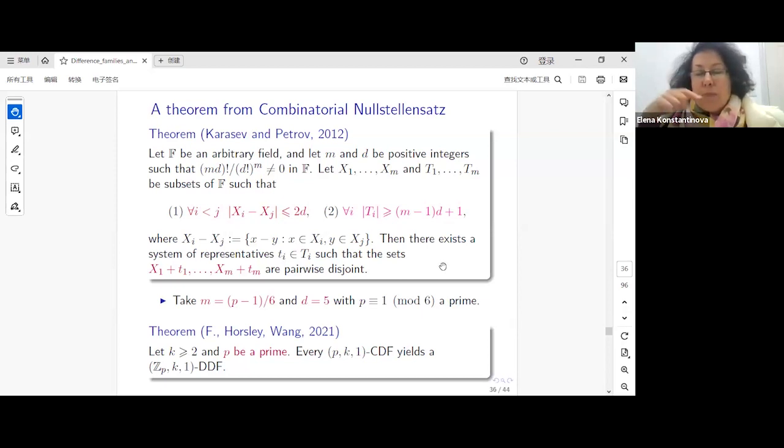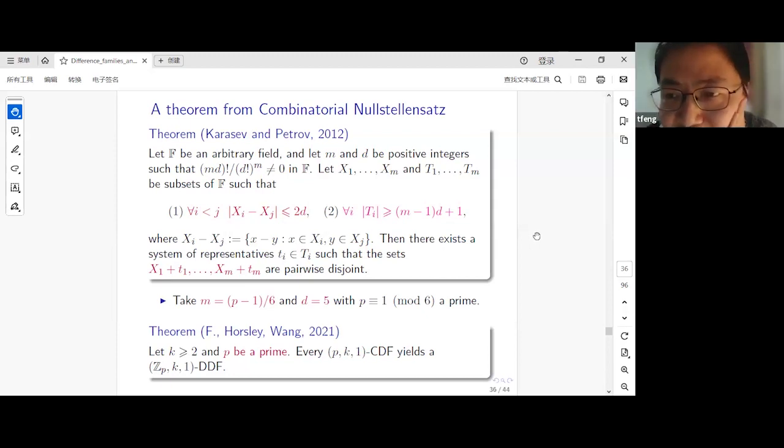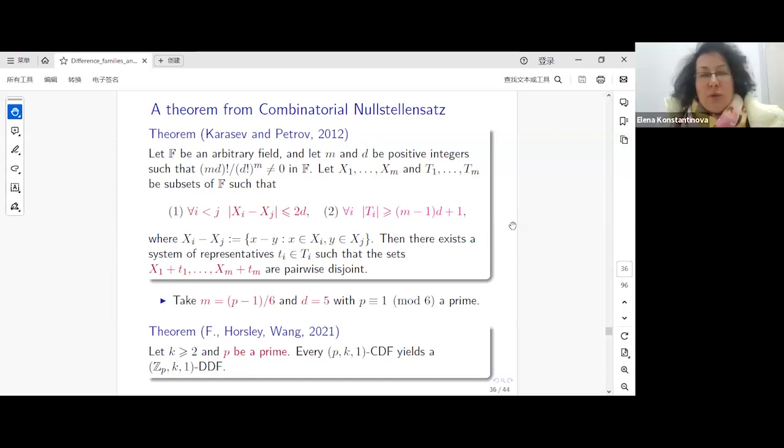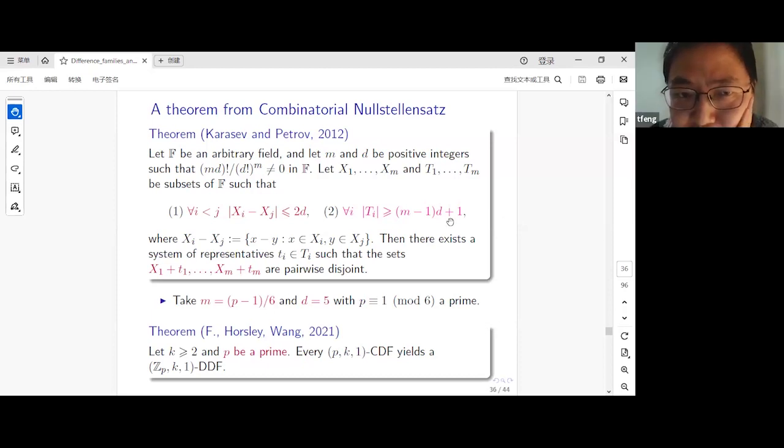No, so it is the only application. As far as I understood, it gives a set of pairwise disjoint families, and that is exactly what you need.